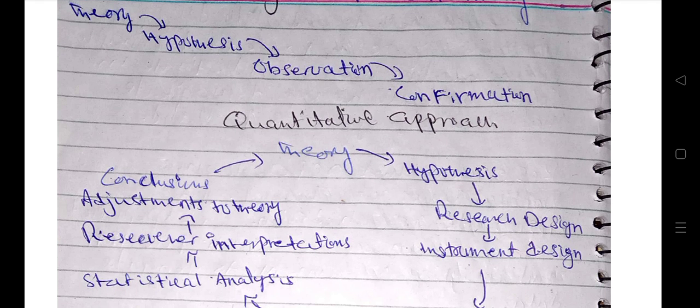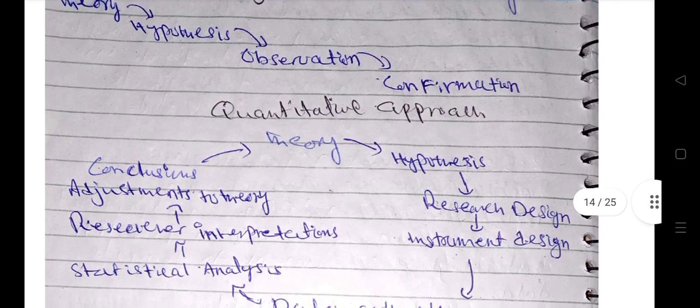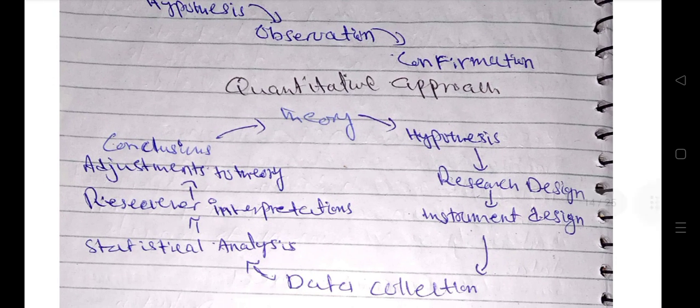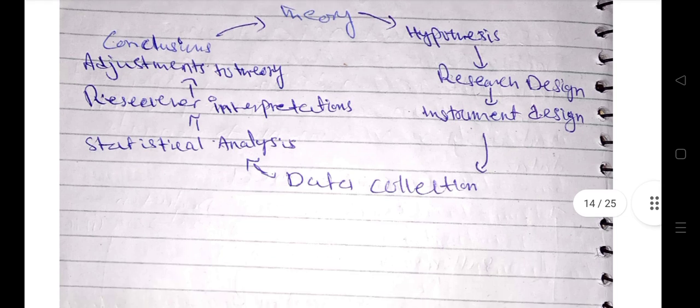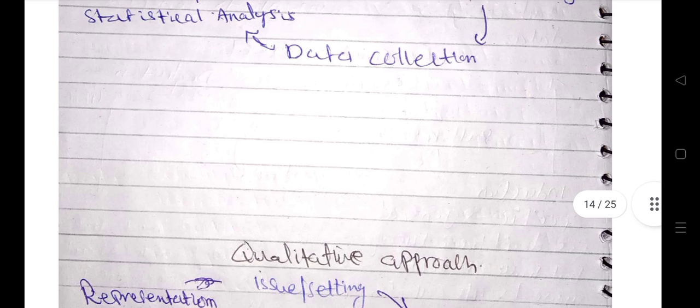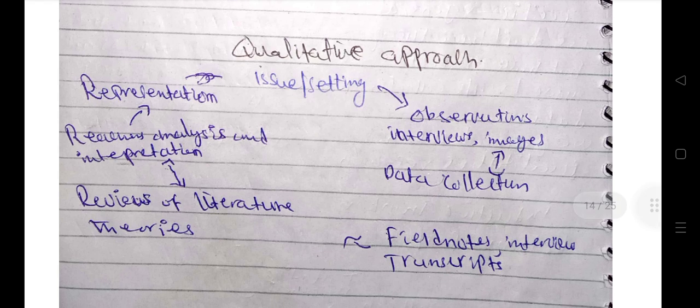In the quantitative approach, we use deductive reasoning, right? We have theory with us, we make a hypothesis out of that and apply research design or research instruments, data collection, data analysis, interpretation of that data, and come to the conclusion, right? We test that hypothesis using deductive reasoning. Whereas in the qualitative approach, we use inductive reasoning.